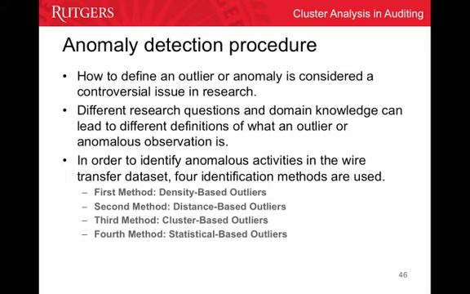The statistical-based outliers are the wires whose amount is more than 2 standard deviations above or below the mean of the transfer amount of each cluster. For the last three identification methods, we use a clustering algorithm, the expectation maximization algorithm.